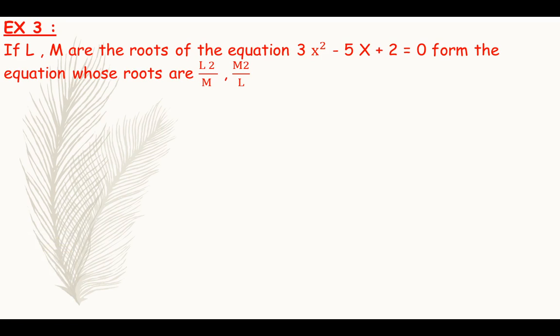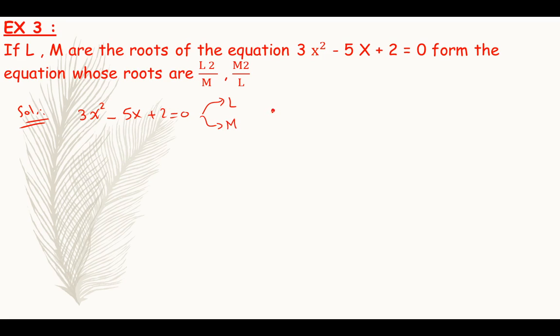Solution. The old equation 3x power of 2 minus 5x plus 2 equals 0 has two roots. Again, one of them is L and the other is M.